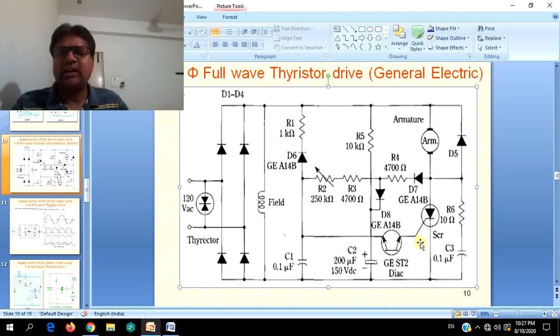And at every zero crossing, the voltage becomes zero, and the current freewheels through the diode, or the energy stored inside the armature inductance will freewheel through the diode D5.